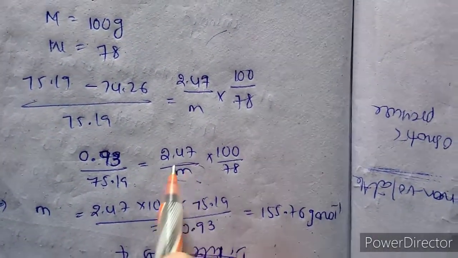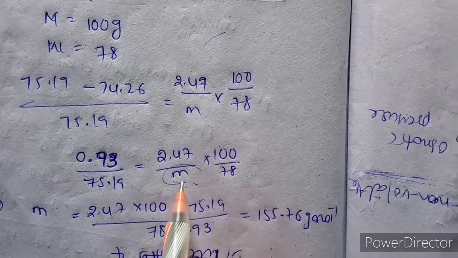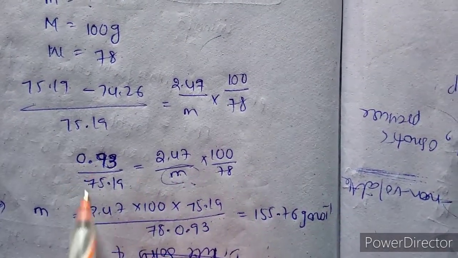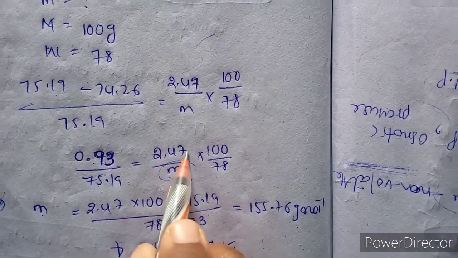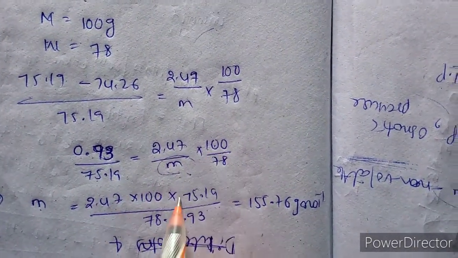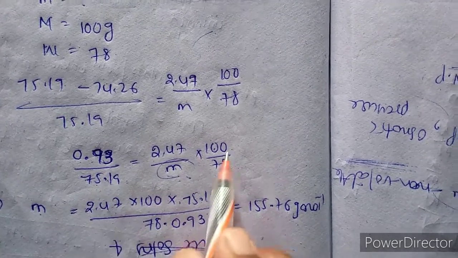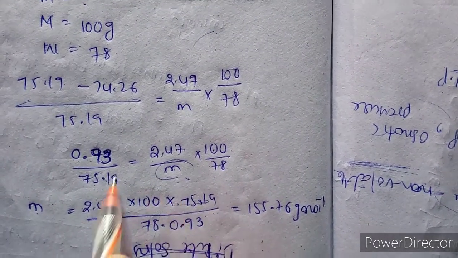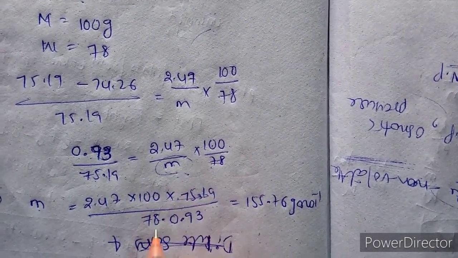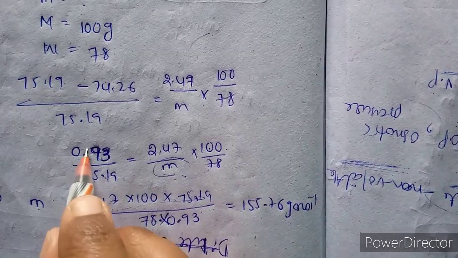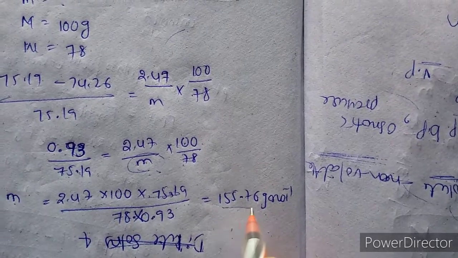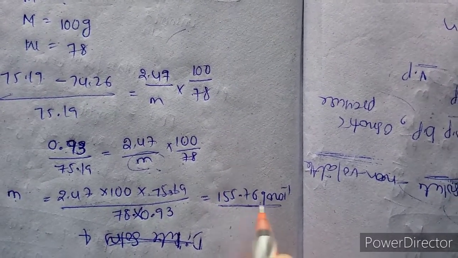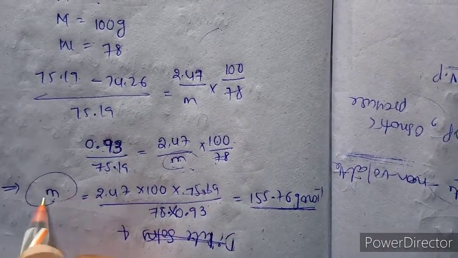Now we have to calculate m, the molar mass of the solute. Taking the remaining terms to the other side, m is equal to 2.47 into 100 into 75.19, divided by 78 into 0.93. If we calculate all these values, we get the molar mass of the solute.